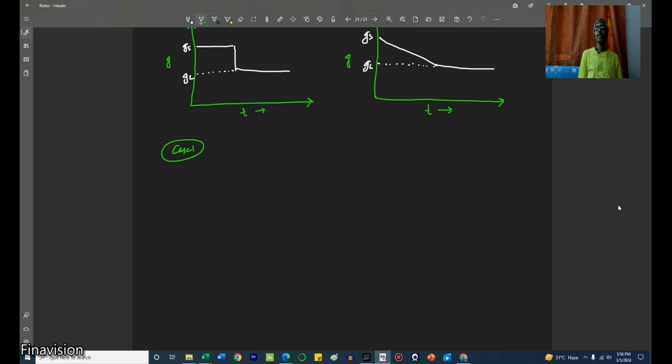Let's take the case 1 first. So here, let's say the short term growth rate is 15%. The long term growth rate is 8%. The required rate is, let's say, 12%. And the initial dividend, that is D0, is equal to $5.